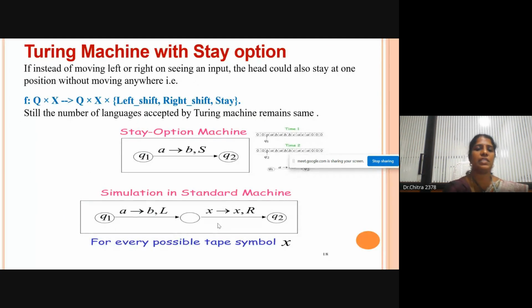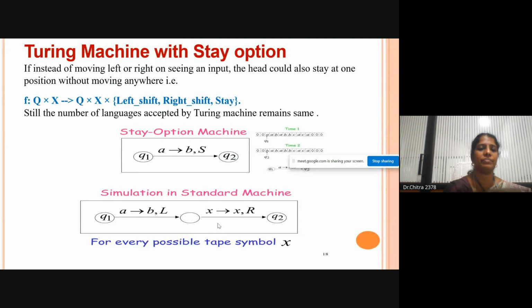The first one is the Turing machine with stay option. In general, after changing the symbols or without changing the symbols, the Turing machine may move either left or right. If the Turing machine is designed to stay in the particular position itself, then that Turing machine is called the stay option. This is the general Turing machine; only one difference is there.